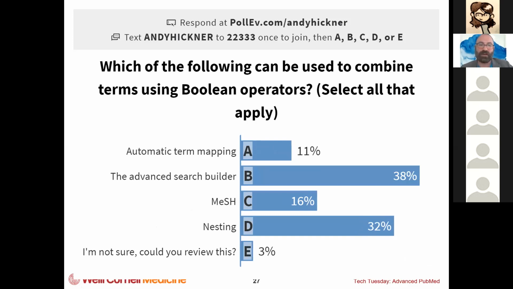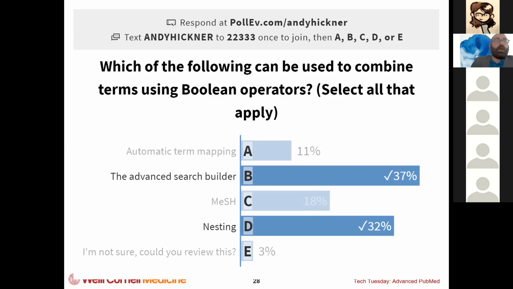So we're going to finally move on to the answer. The correct answers are Advanced Search Builder and nesting. Both of these are ways that you can combine terms using Boolean operators. Automatic term mapping is more related to MeSH.